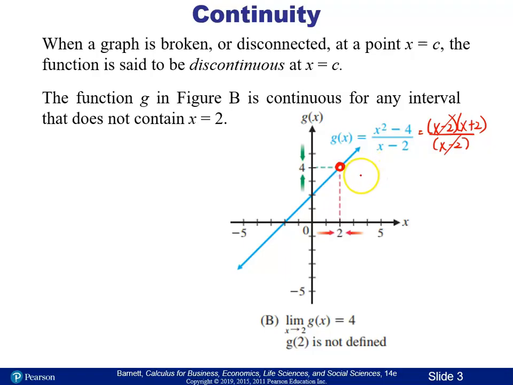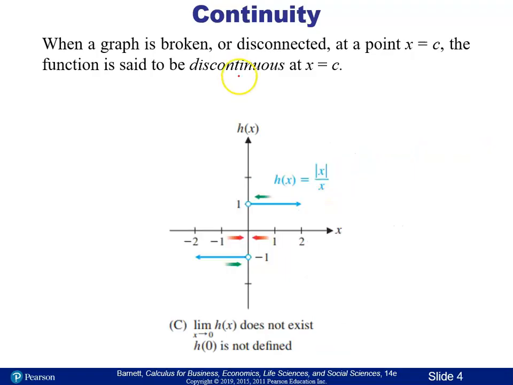So the hole is a point of discontinuity. So in this particular case, we do have a limit because as we come this way and we come this way, think about like if you're bringing your fingers together as you come from both sides, then that does have a limit there. So the limit does exist, but the point is not defined at 2. The function is not defined at 2.